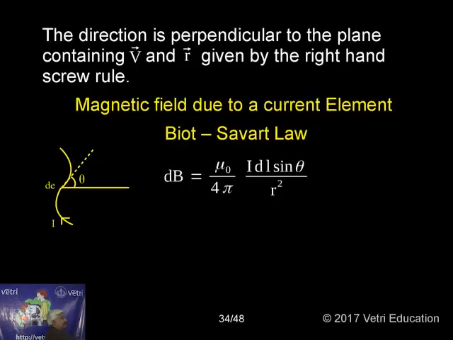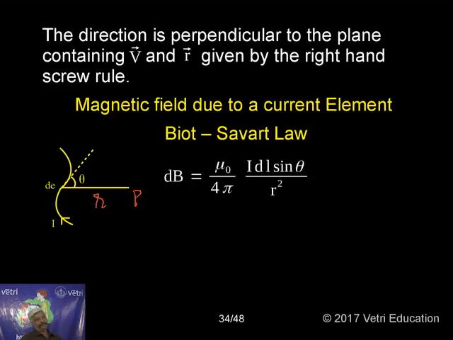So, dB is equal to mu naught by 4 pi I dl sin theta by r square. This is the theta value, there is the direction of the current, and we are considering the point P. This distance is r. Then dB is equal to mu naught by 4 pi I dl sin theta by r square. Don't forget it.